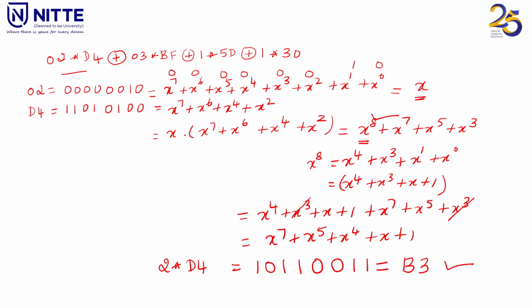Next, we try to understand 3 into BF. So for 3 into BF, I'll represent 3 in binary form 0 0 0 0 0 0 1 1, that is nothing but x plus 1.